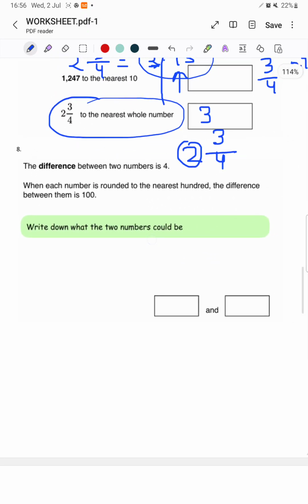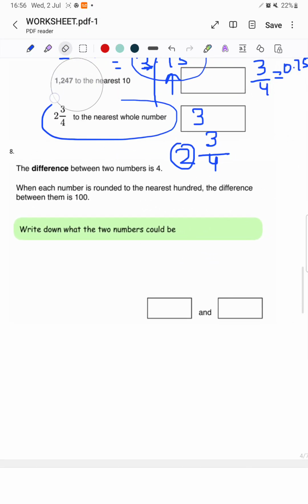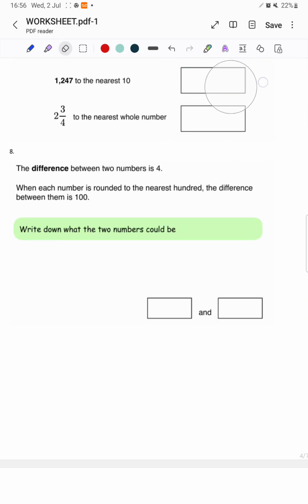Next question comes. The difference between the two numbers is 4, and when we round those two numbers to the nearest 100, the difference comes out as 100. There are different possibilities. One example I take, the numbers can be, let's say, 148 and another number is 152.